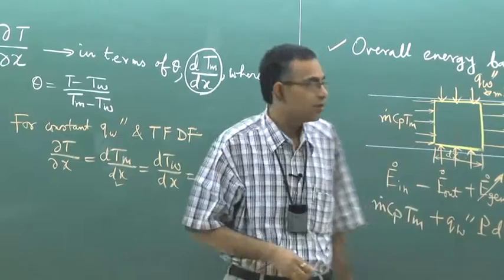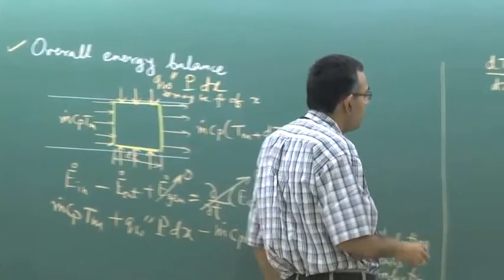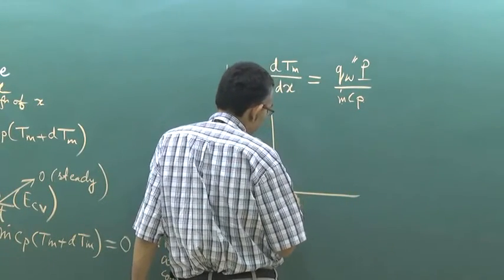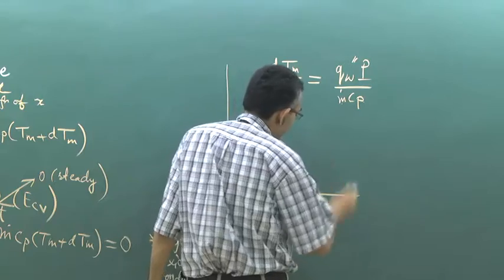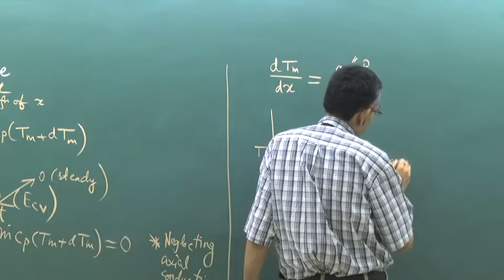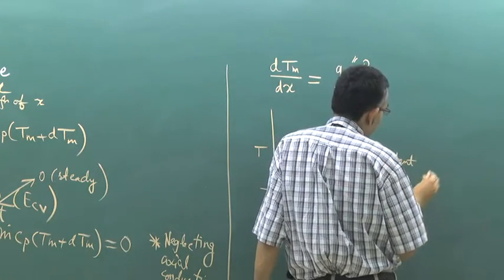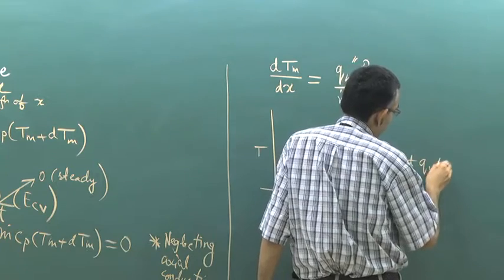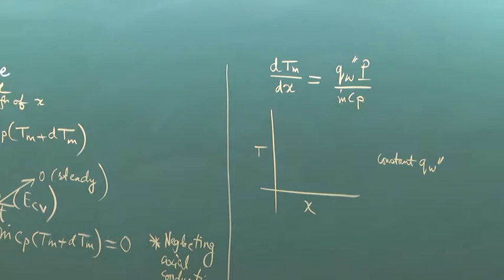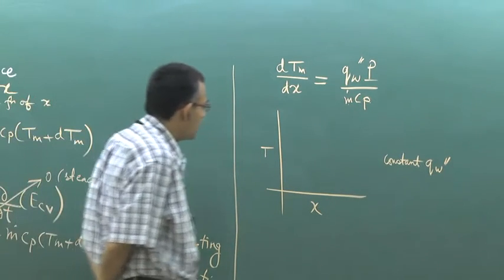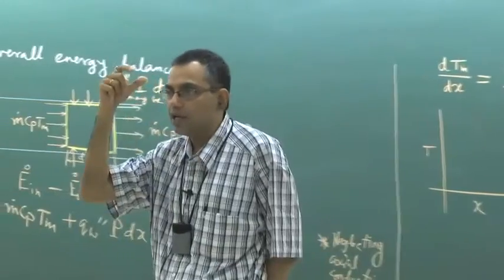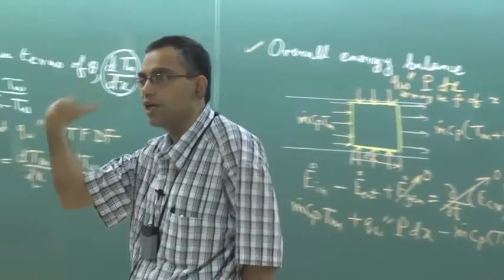Okay. So we can make a graph of say T versus x for constant wall heat flux. So when we plot T versus x, we essentially want to plot basically Tm and T wall, because we are now converting it to one-dimensional problems where the functions of x are Tm and T wall.